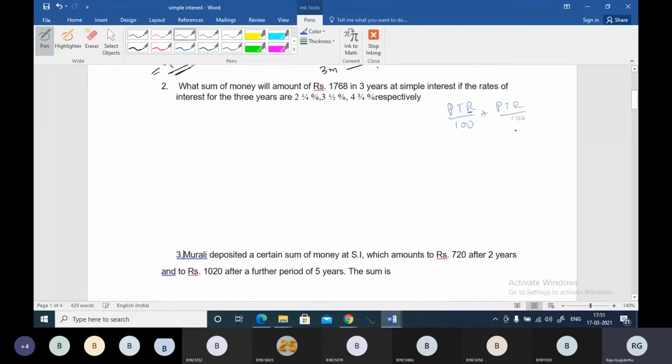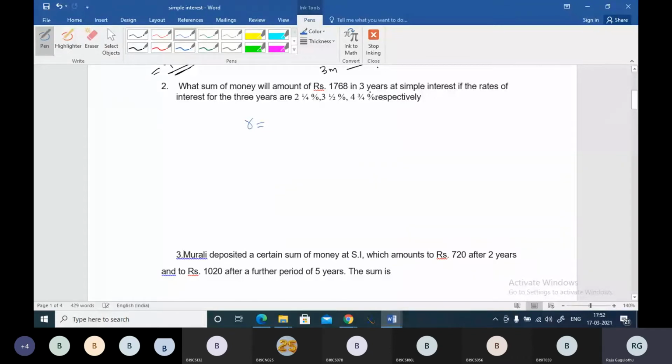When you take P out, then T by 100 into R. If you take T out, then rate by 100 will be there in the formula. So you can add these rates directly. When this kind of question comes, you can add these rates directly.